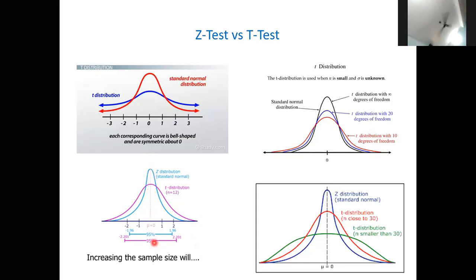And if you remember, 95% of the graph is in between minus 1.96 and plus 1.96 standard deviation.